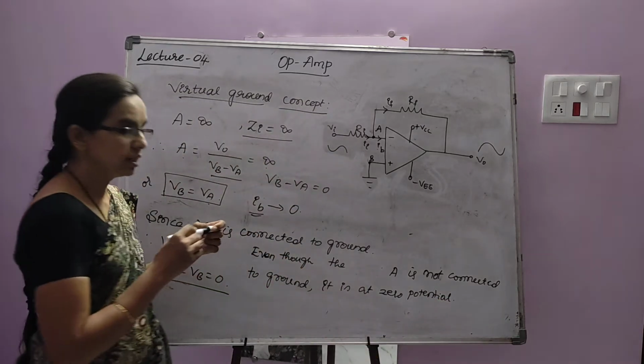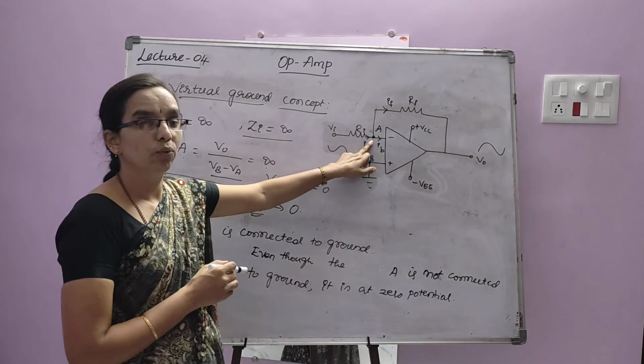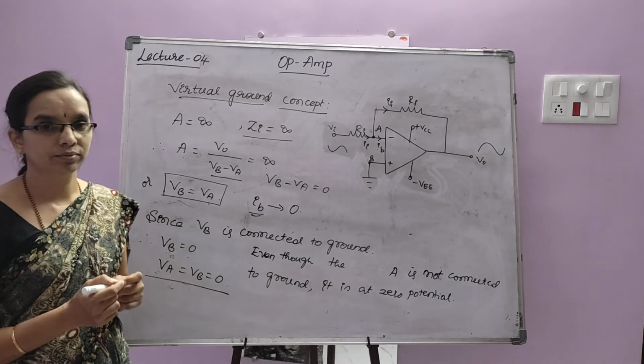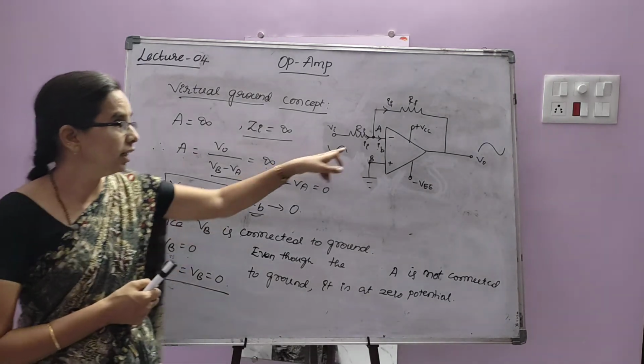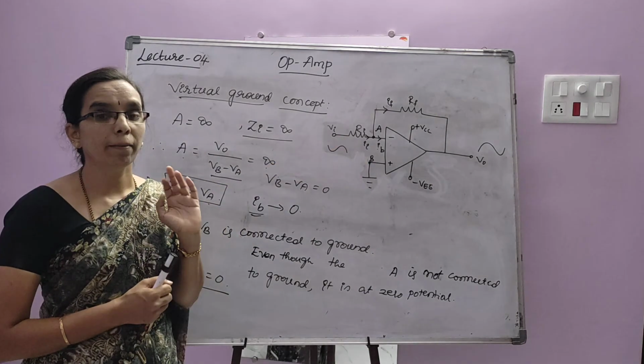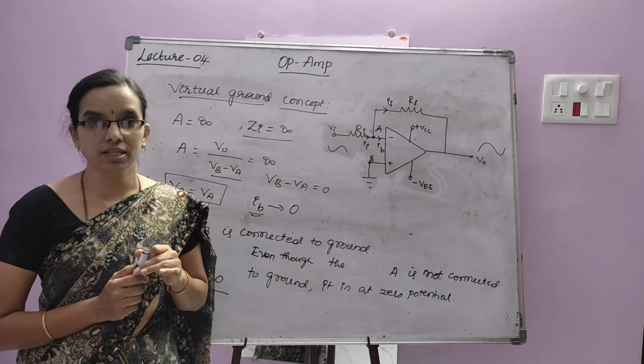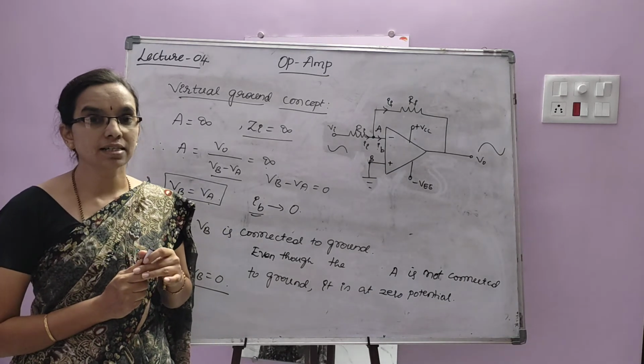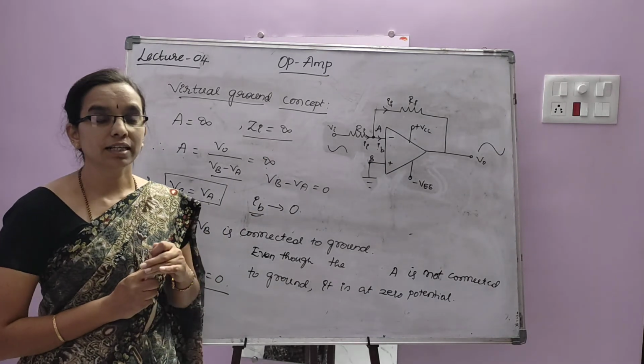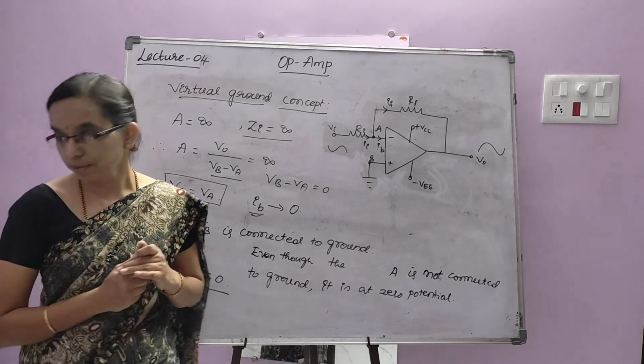So it is treated as virtual ground. That means physically A is not connected to ground, but there exists a 0 potential. Therefore, it is called A is at virtual ground.